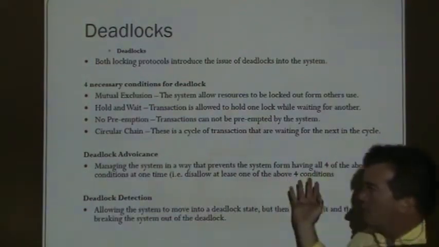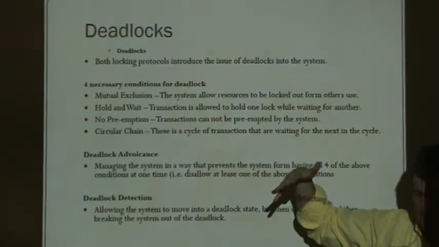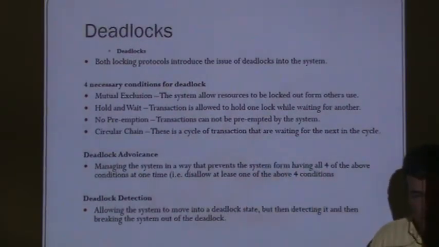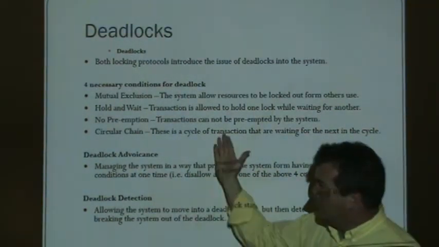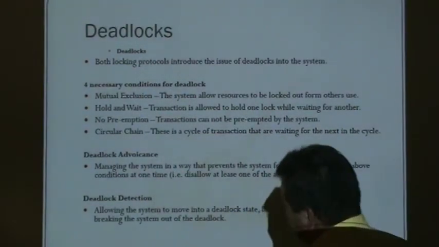Techniques of deadlock avoidance would be to look at the four necessary conditions of deadlocks, a system that allows the possibility of a deadlock, and then picking one of those four and saying my system should never have that.